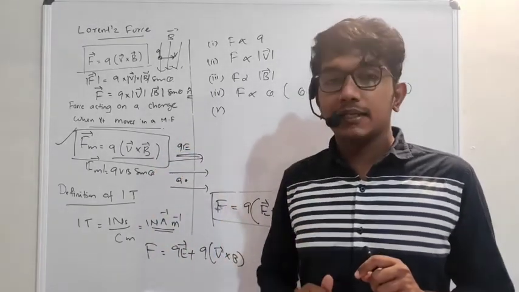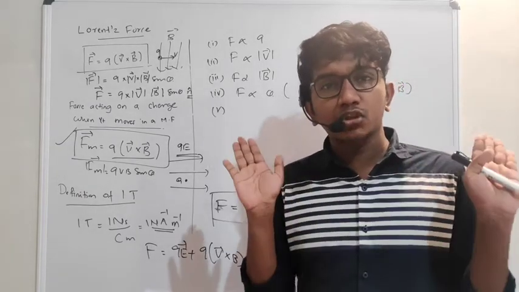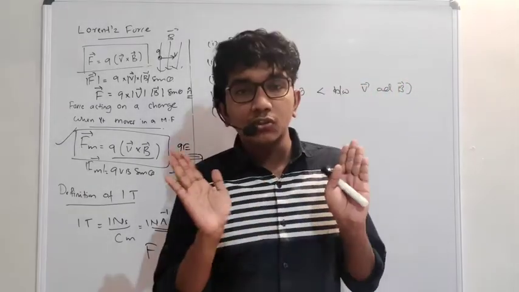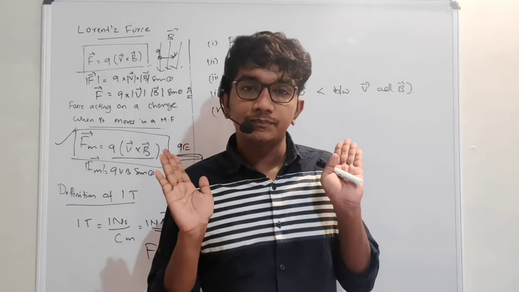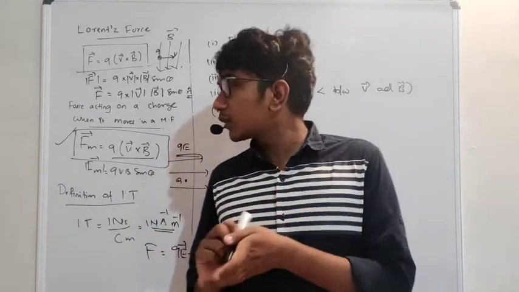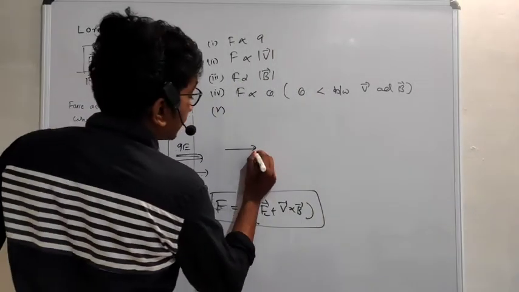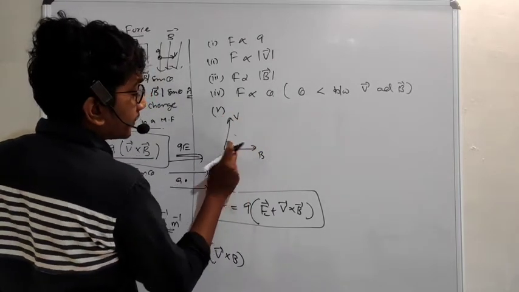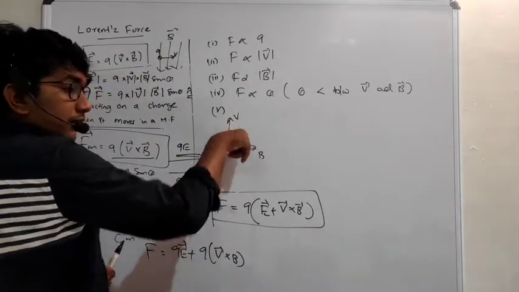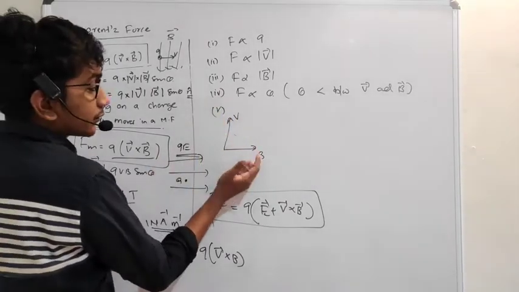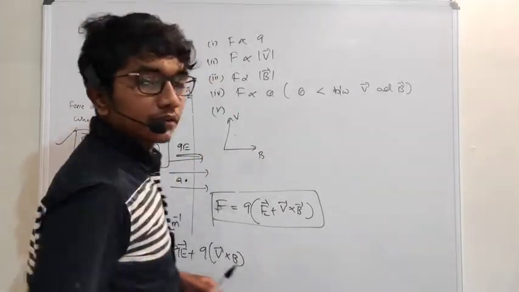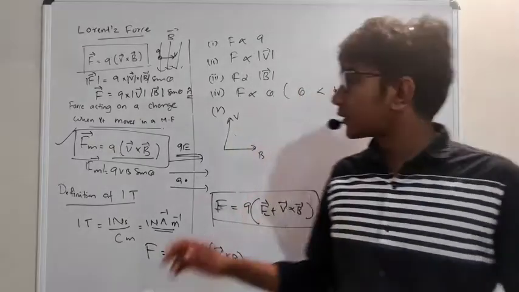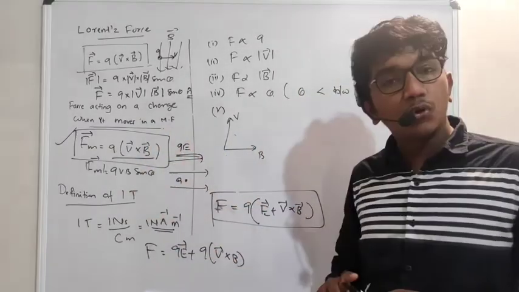Please keep that in mind. Just exactly as in the cross product. If this is B, this is V, then V cross B is in that direction. You got it? So this is the direction of this force.